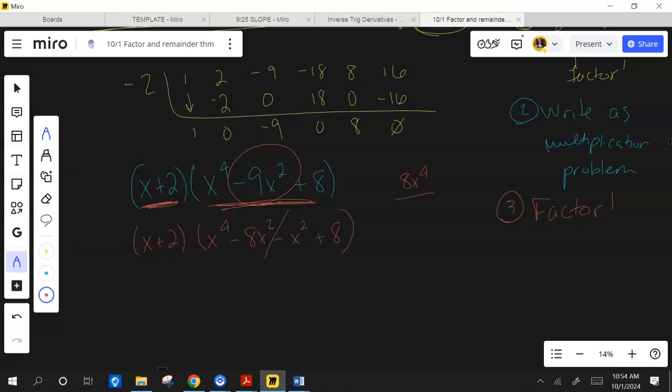All right. Slash. No, this x plus 2 is just following me right on down. What can you take out of the first two? What's left? What can you take out of the last two? What's left?